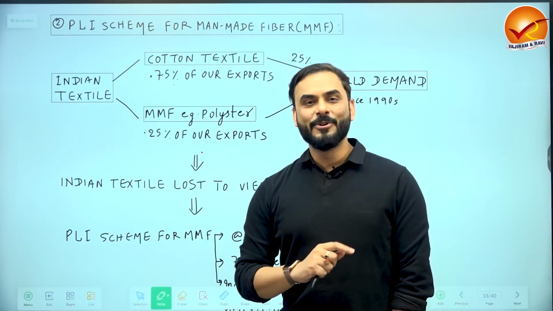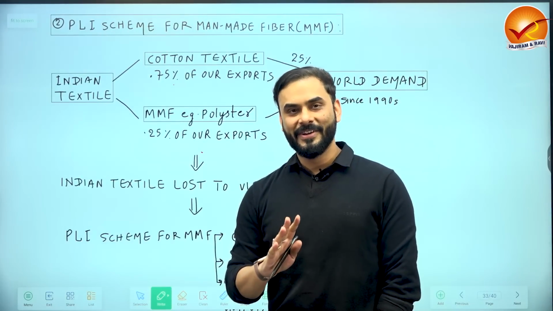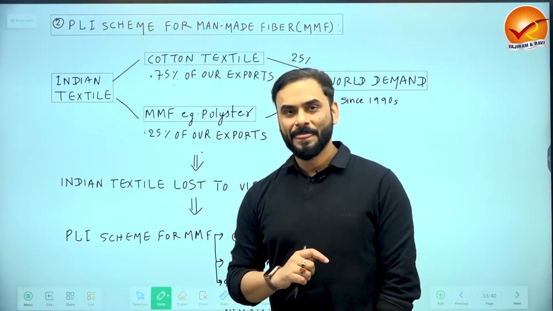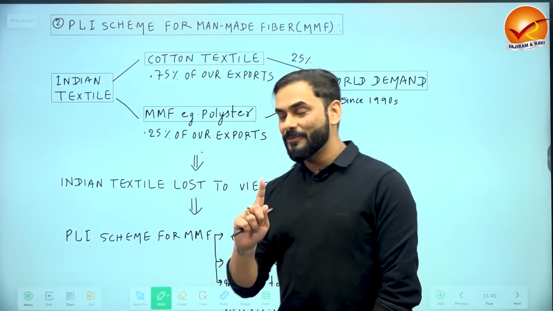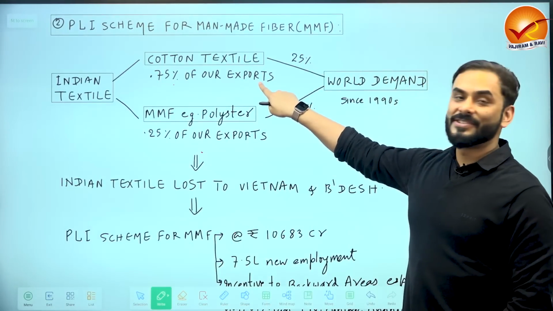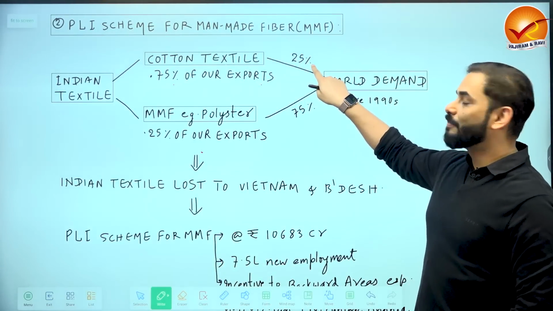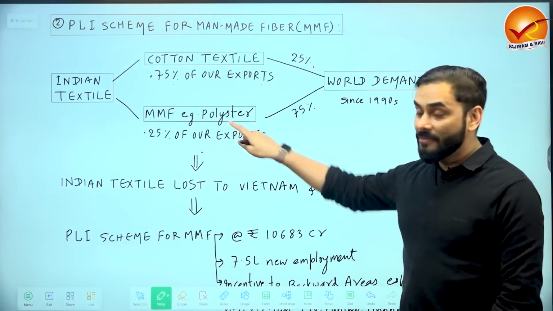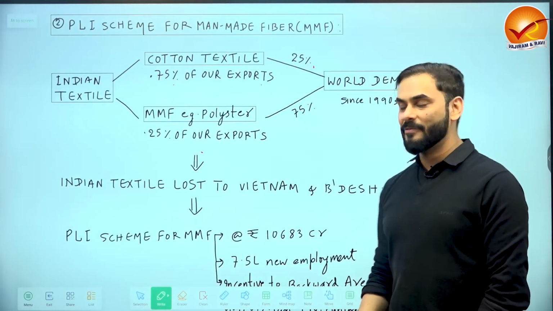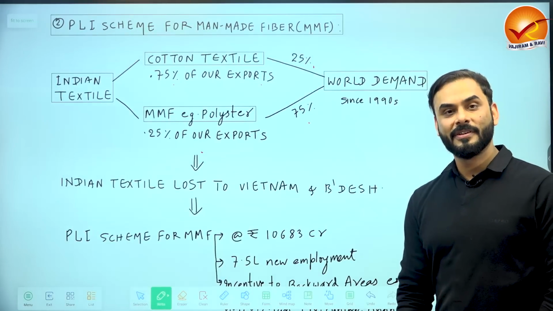But if you look at the global demand, you will see something very interesting. Globally, the demand for cotton textile is 25% and the demand for man-made fiber is 75%.